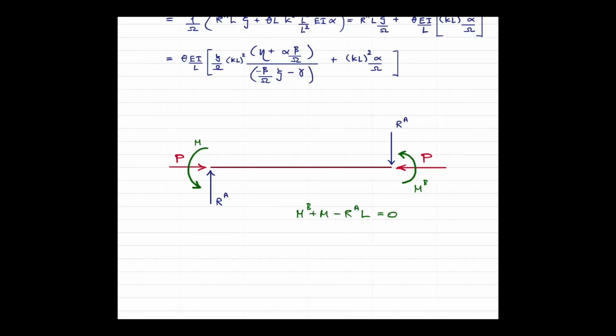MB positive, M there, and RAL going in the opposite direction, so MB is equal to RAL minus M.